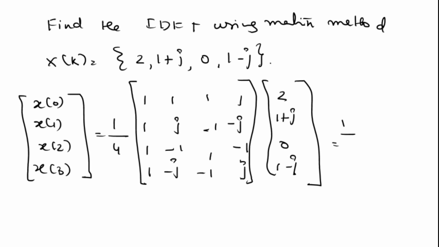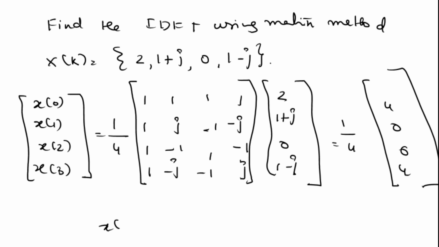That is 1 by 4 into 4, 0, 0, 4, or x of n is equal to 1, 0, 0, 1.